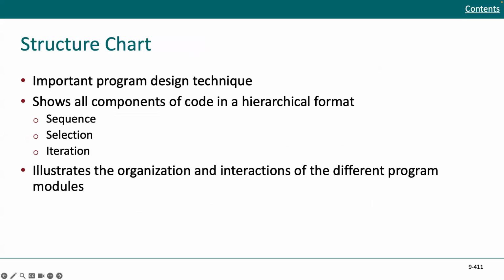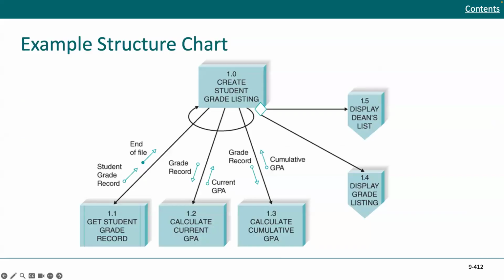So let's get into structure charts. They're an important program design technique. It shows all the components of code in a hierarchical format, the sequence, selection, and iteration, and it illustrates the organization and interaction of the different program modules. So here's an example of a structure chart. Now we're thinking about an academic situation where we're trying to create a student grade listing.